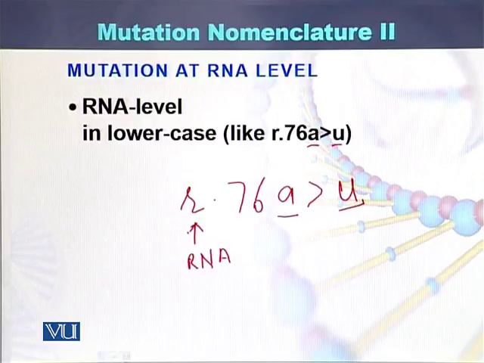So the difference between writing the mutation at DNA and RNA level is that at DNA capital alphabets are used, while at RNA level small alphabets are used. In case of DNA, usually C is used, that is for the coding DNA sequence, while in case of RNA, R is written, that is for the RNA.